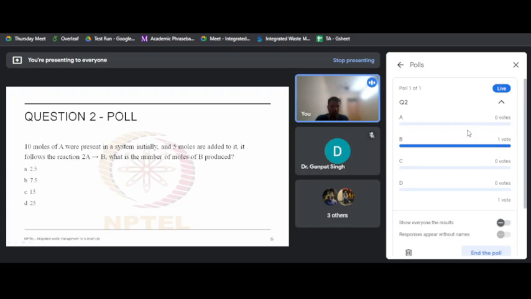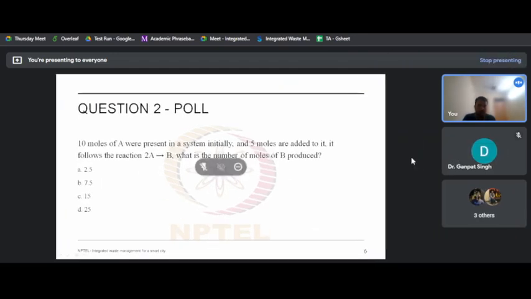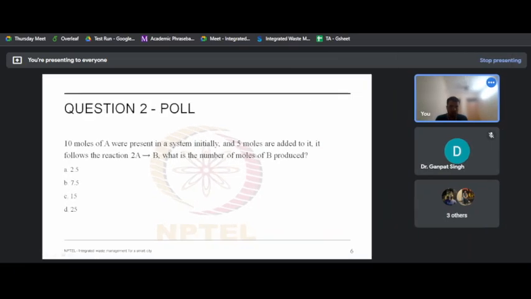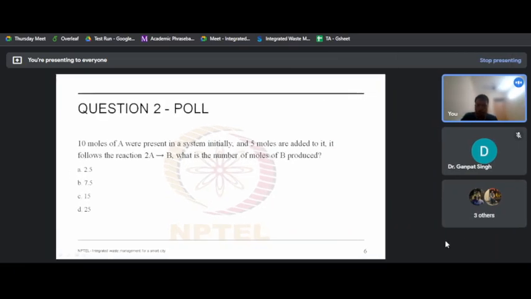So we have one answer in the poll. We'll wait for a few more seconds, then we'll discuss it. So we have another answer in the chat, 7.5. Maybe we'll discuss the answer for this one. Just close the poll.